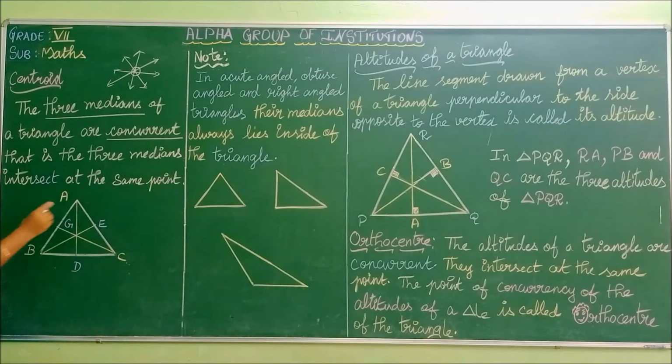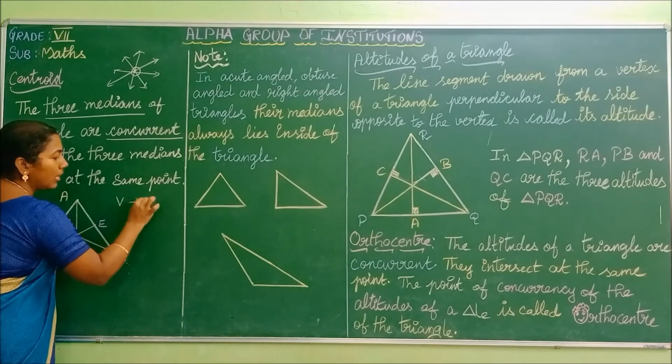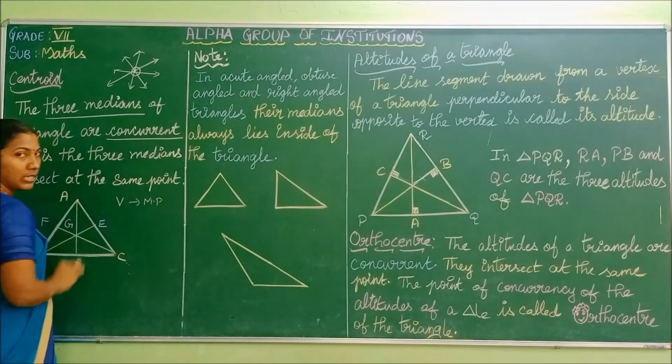See here, this is the triangle ABC. See here, this is vertex A, vertex B, vertex C. What is meant by median? A median is the line segment joining a vertex to the midpoint of the opposite side.